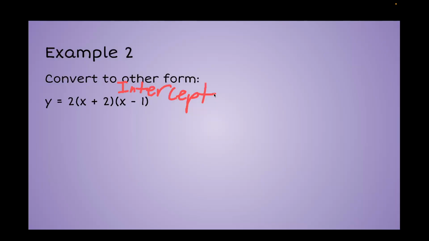So here, this is intercept, and we want to turn it into standard. How do we do that? To get to intercept, we factor. So we want to do the opposite of that to get to standard, which is distributing. Looking at this, you can assume that something you can do is distribute.